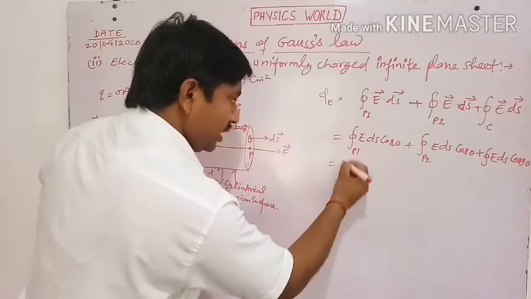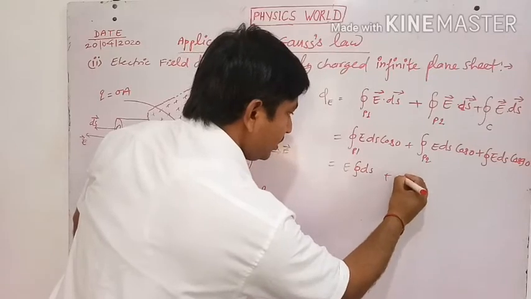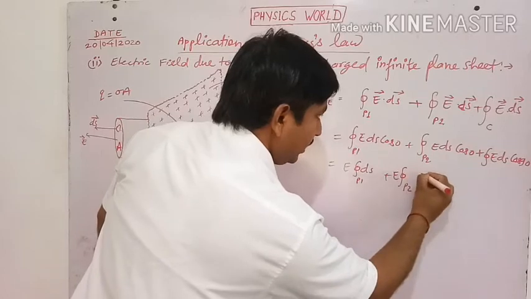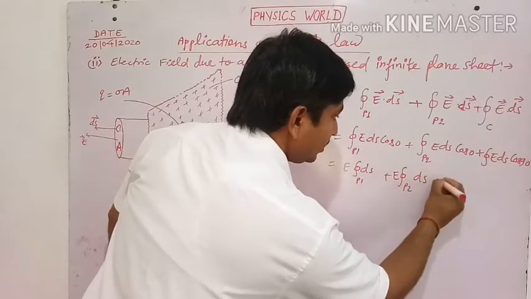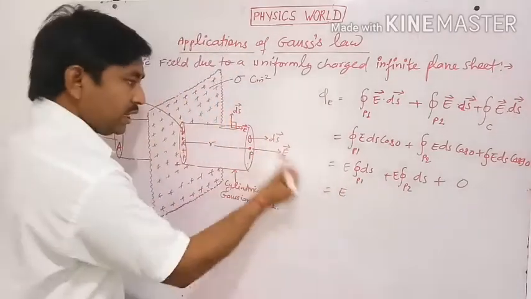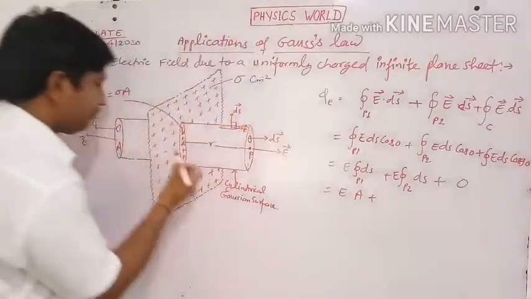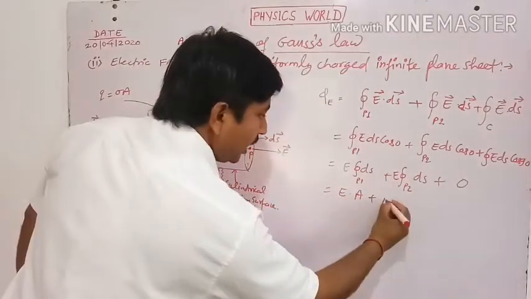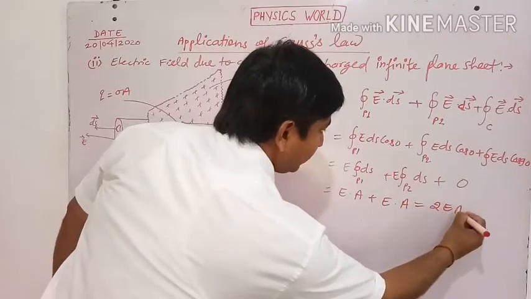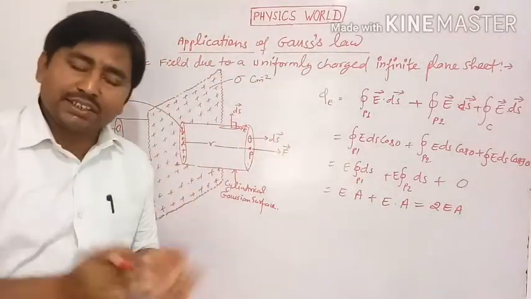Hence this becomes E integration ds plus E integration ds plus 0. So this will be equal to E times the total area of this surface A, plus E times the total surface area A, so this becomes twice EA. This is the total electric flux passing through this considered Gaussian surface.